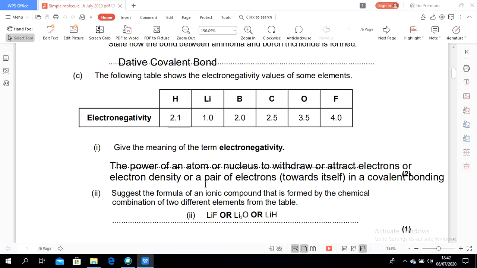Because hydrogen sometimes can be positive, sometimes can be negative, depending on the partner. If hydrogen has a partner of a very electronegative element, then hydrogen will become positive. If the partner of hydrogen is a pure metal, then hydrogen will become negative, like in this one.